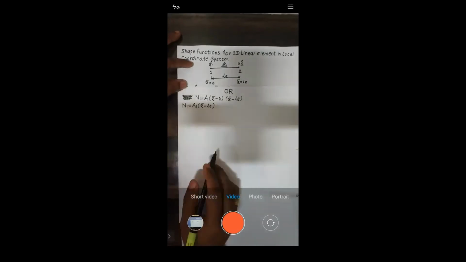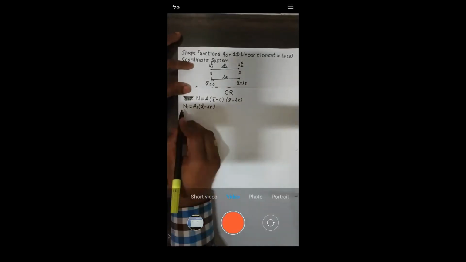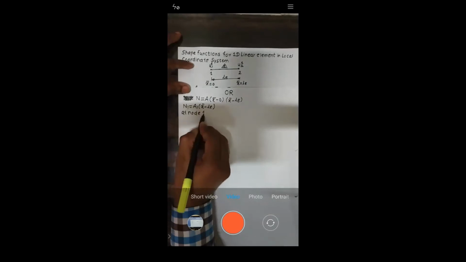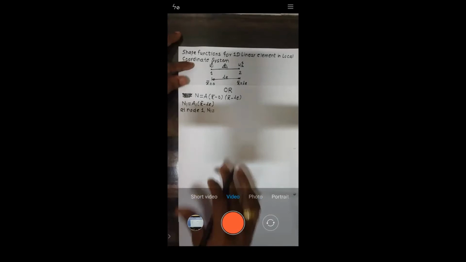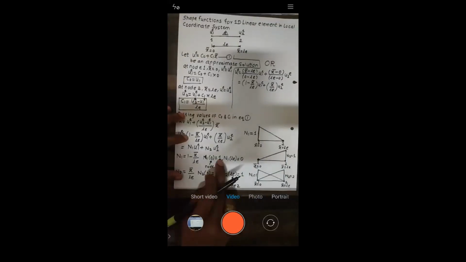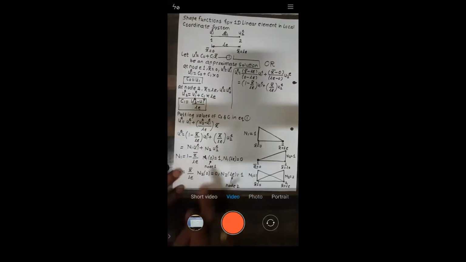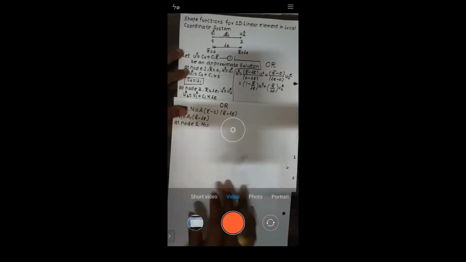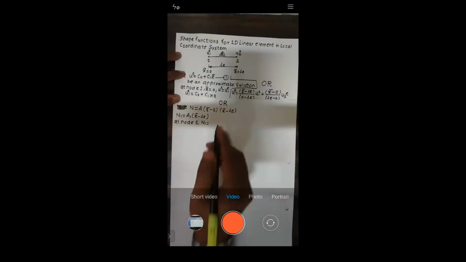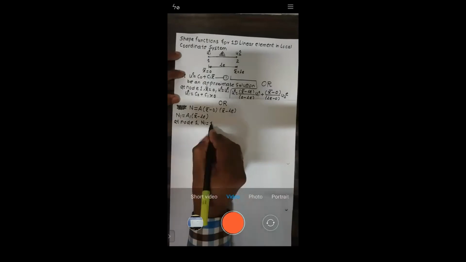So at node 1, what is the value of n1? It is obviously equal to 1, because n1 is defined for node 1 only.